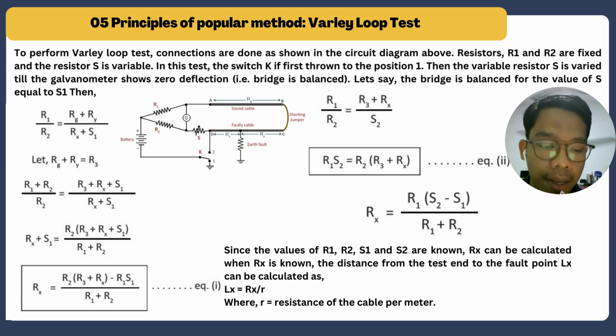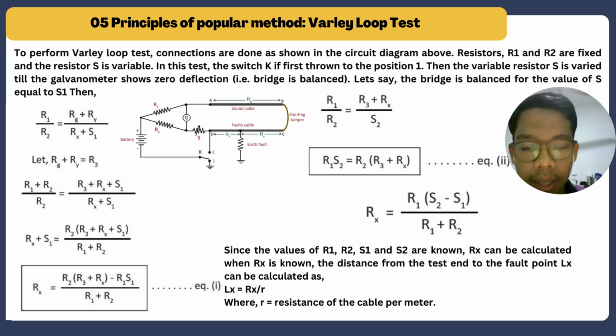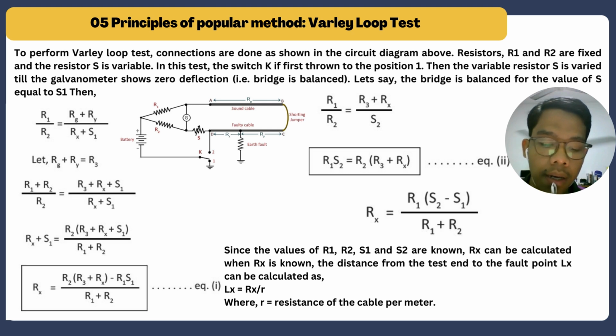Let's say the bridge is balanced for the value of S equal to S1. Then (R1 + R2) / R2 = (Rg + Ry + Rx + S1) / (Rx + S1). We let Rg + Ry = R3, so we substitute: (R1 + R2) / R2 = (R3 + Rx + S1) / (Rx + S1).